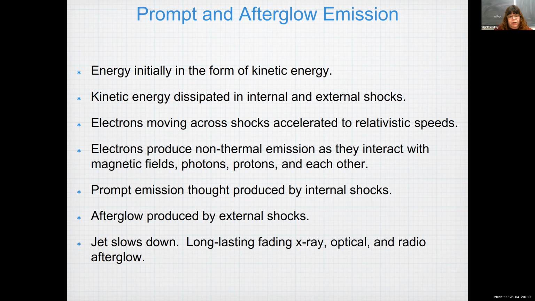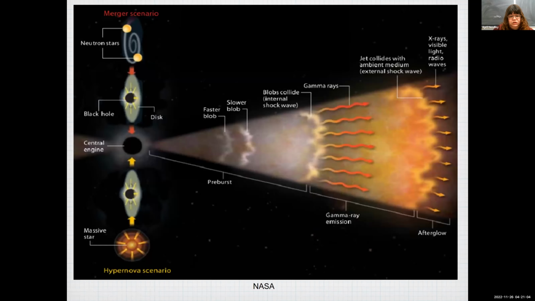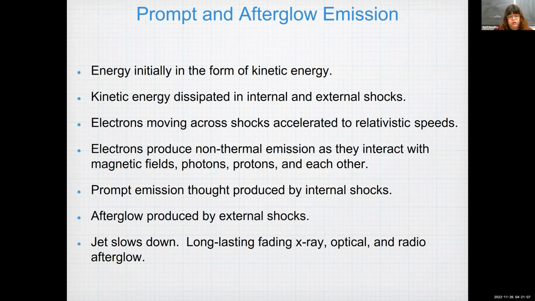I get confused on the two Comptons sometimes. But anyway, you get the prompt emission from the internal shocks and the afterglow from the external shocks, and eventually the jet slows down, loses energy, and you get X-rays, optical, and radio, and also ultraviolet in between X-rays and optical, and infrared in between the optical and radio. And that is actually it. Any questions?